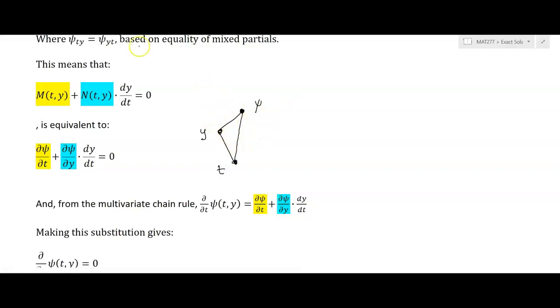So we're going to have three partials here. We'll have dψ/dy, and then dy/dt. And then the direct dependency of psi on t will be the partial of psi with respect to t. And you see that dψ/dy times dy/dt is this term, and dψ/dt is this term.